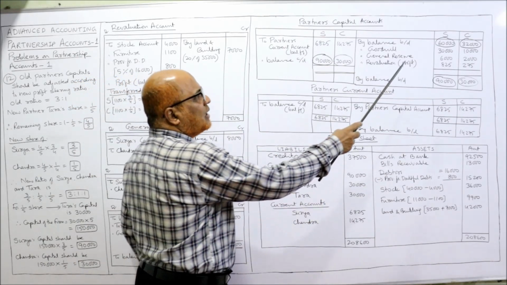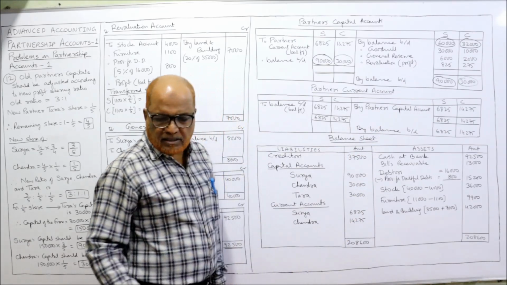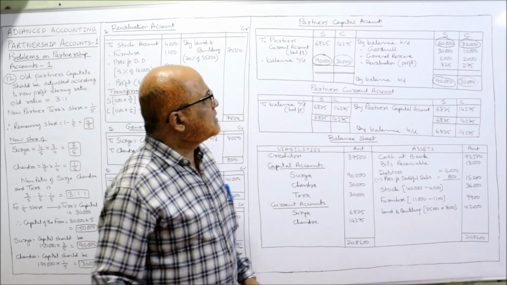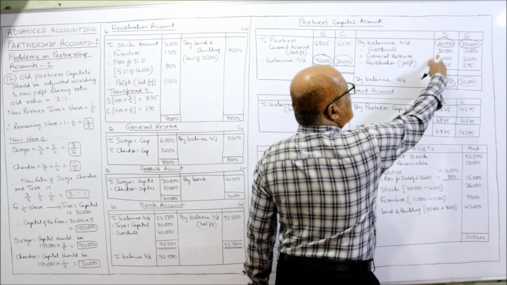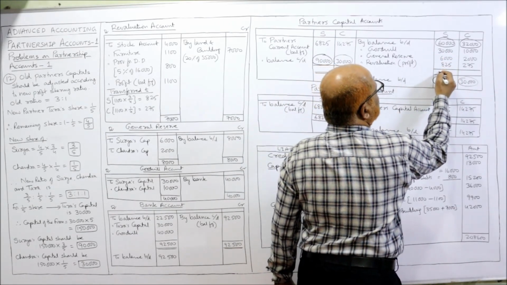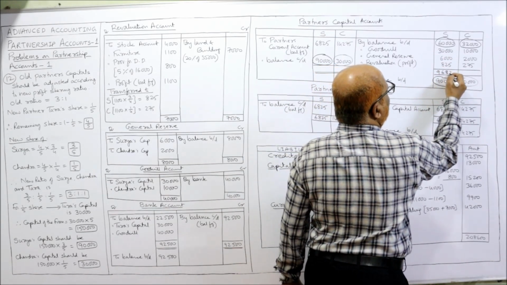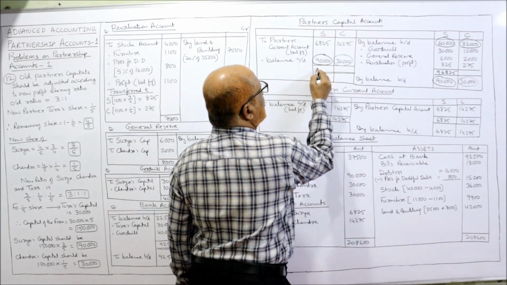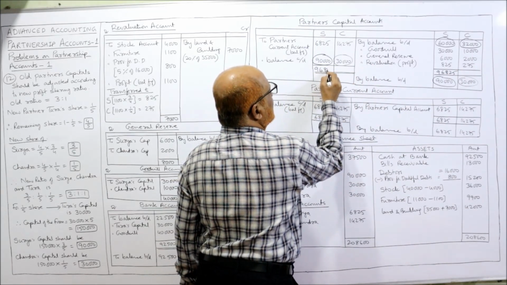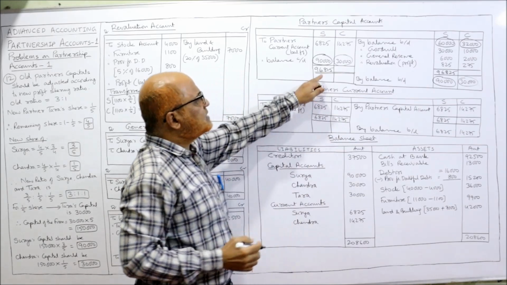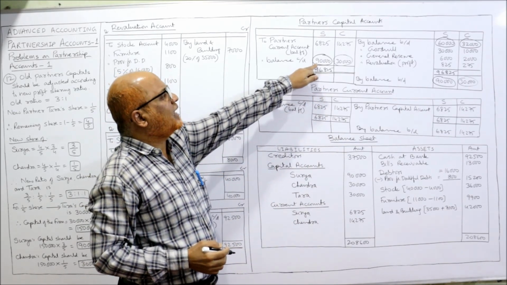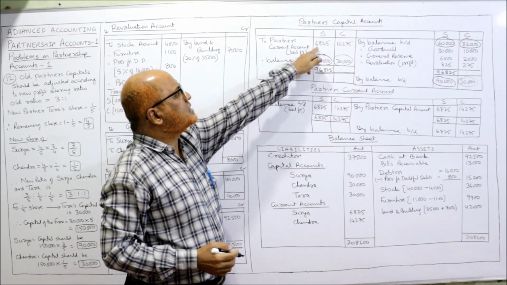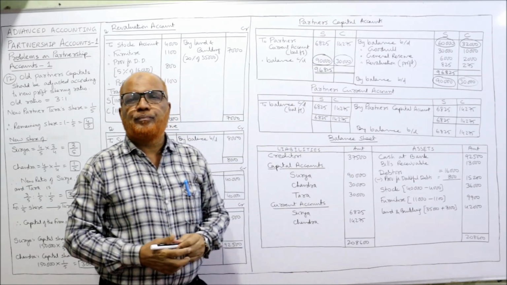Now take the total on the credit side. Credit side total is 60 plus 30, 90, 96,825. Here also I am taking 96,825. From 96,825 deduct 90,000, remaining is 6,825.